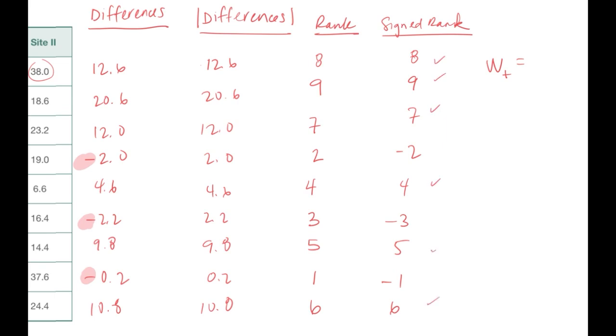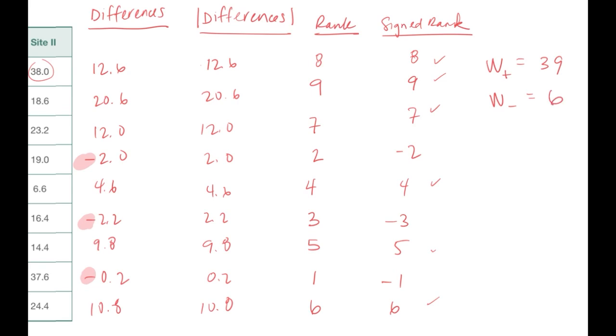So when I add those up, I get 39, and then W minus is going to be the remaining ones, the negative signs. And I'm just going to give the sum of those values. We've got -2, -3, and -1, but I'm not making it negative. I'm just adding up the positive versions of those ranks, so I get 6.